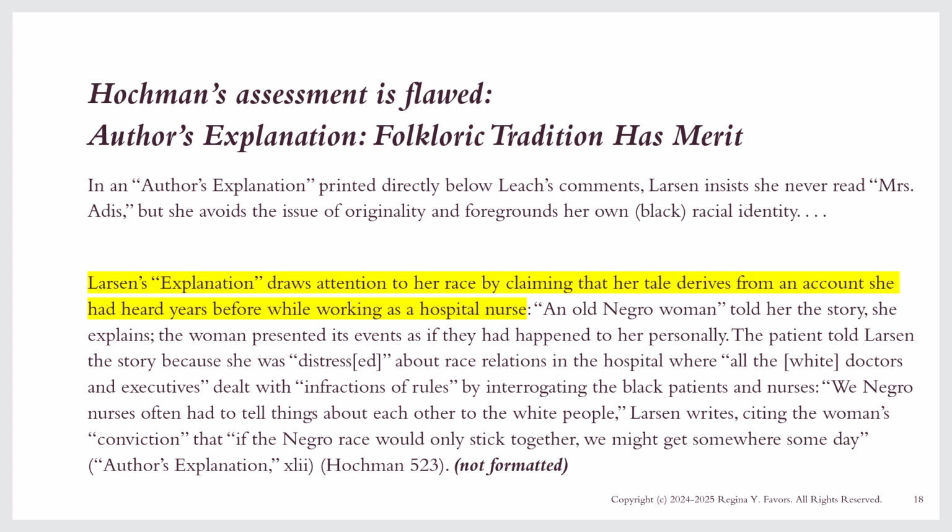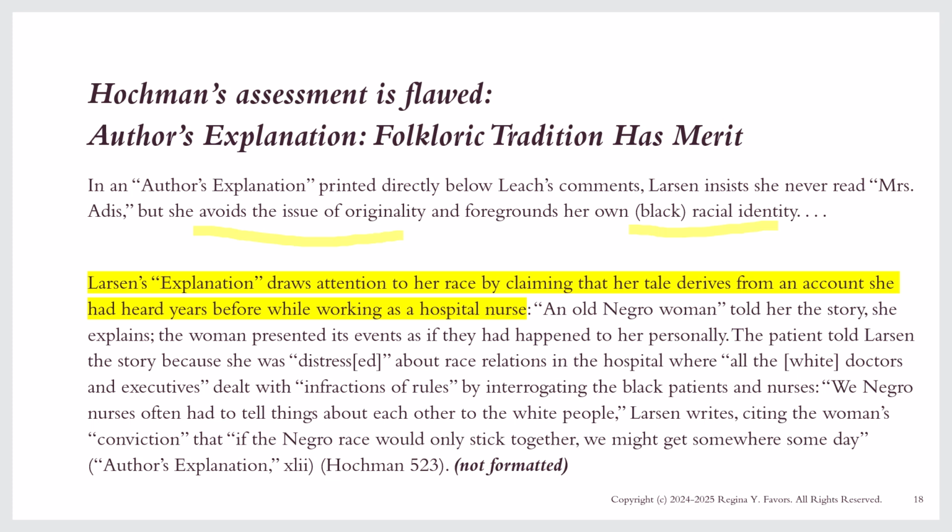Maybe she did avoid the issue of originality and look more at her racial identity, but that's her experience. I will challenge this idea. If her father left the family early when she was young, what black identity is she used to?